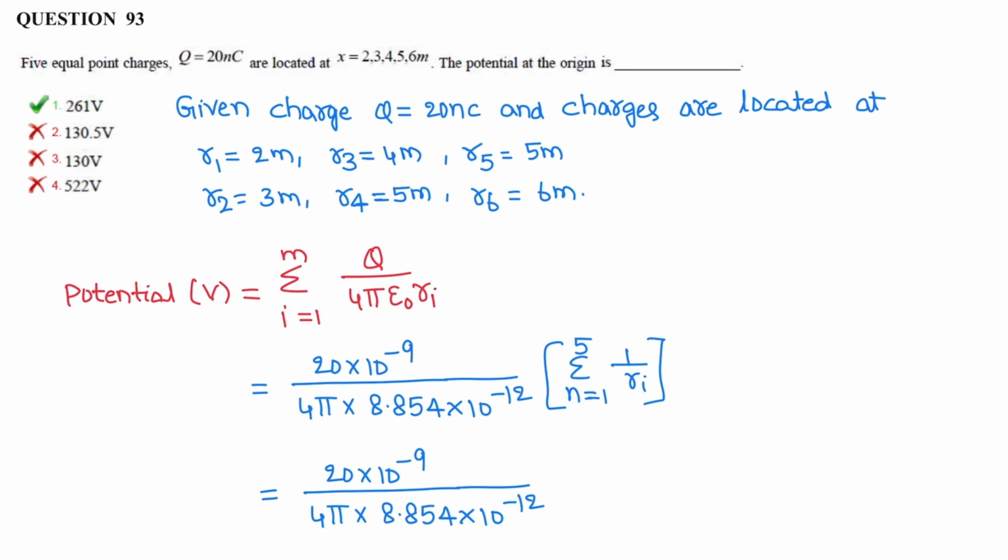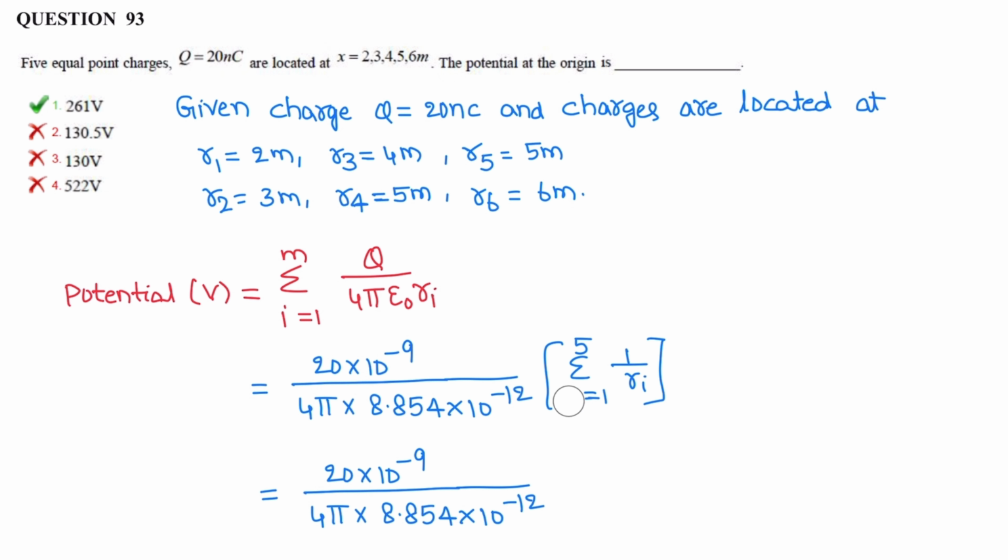Ri is the distance from the corresponding charge to the center. So charge q is 20 into 10 power minus 9 divided by 4 pi, epsilon naught value is 8.854 into 10 power minus 12, sigma i is equal to 1 to 5, 1 by Ri.